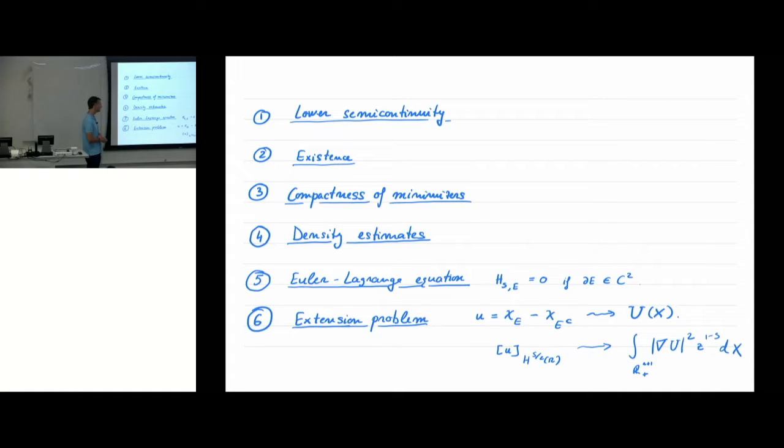And last time we also mentioned the extension problem. If you give me a non-local minimal set E, then we can construct the extension of this function, where I put a 1 in the set E and a -1 on the complement.